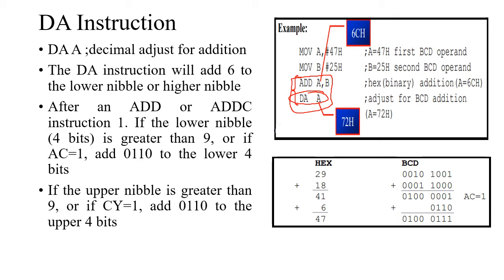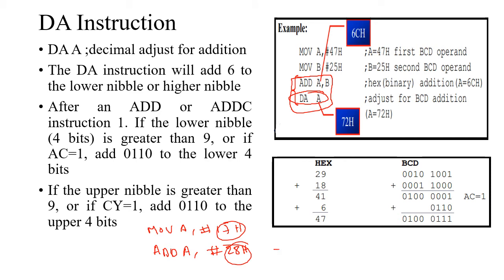Let us take MOV A comma #17H, and for the other number we will directly use the ADD instruction, ADD A comma #28H. Both the numbers we have used here are BCD numbers.